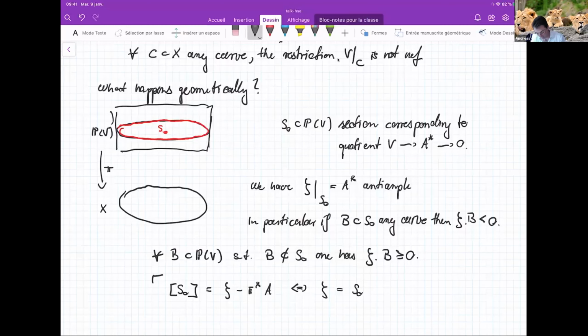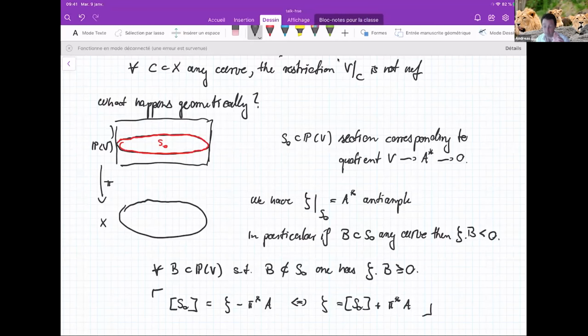And there you have it. You've presented the tautological class as the sum of something which is effective plus something which is nef. So you will have non-negative intersection numbers as soon as you take a curve which is not in S0.